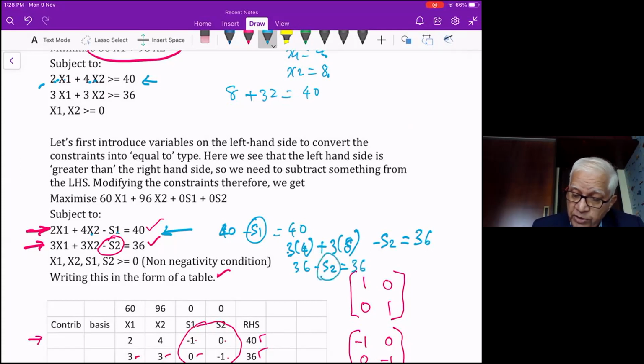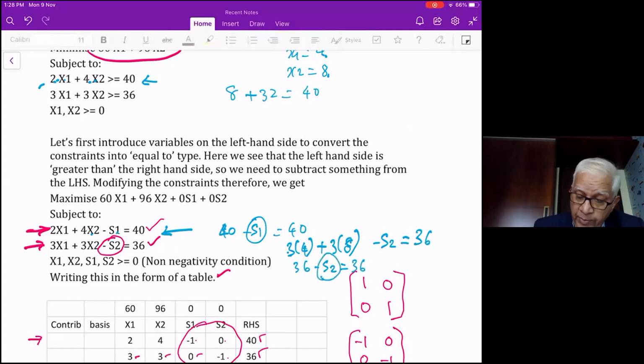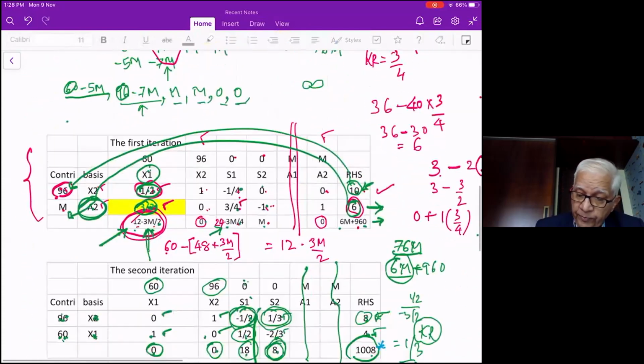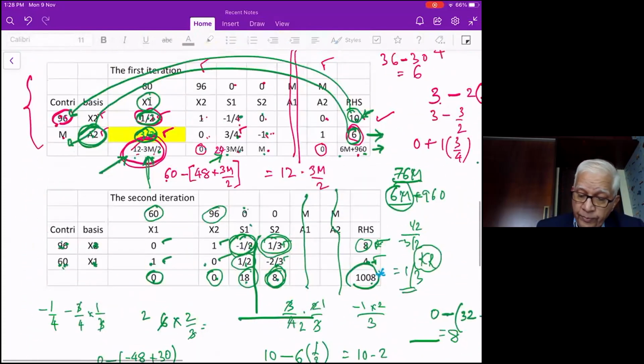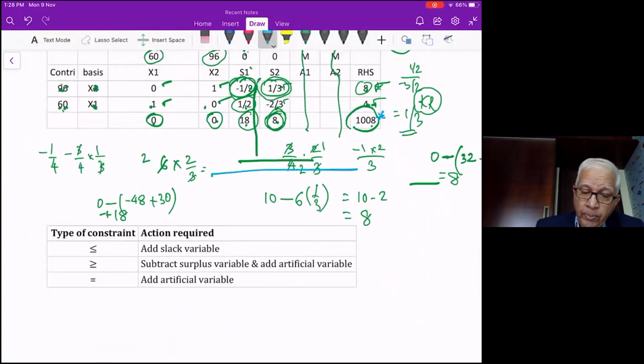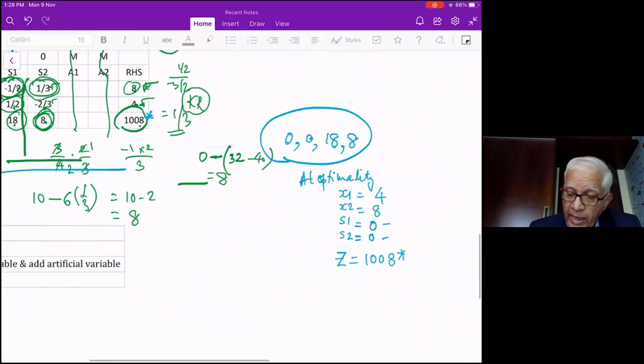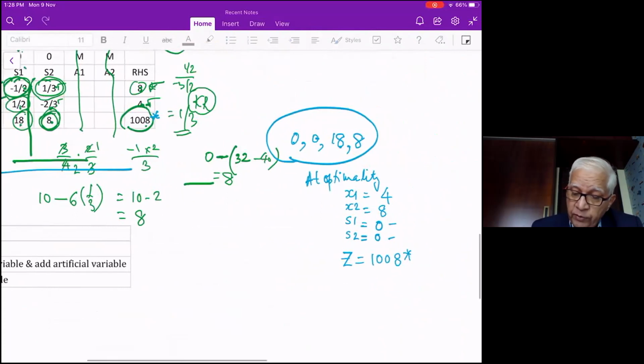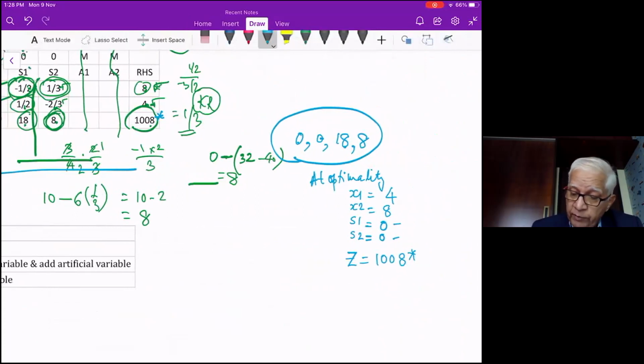Therefore S2 must be 0, and that is what we have got at optimality. See here, at optimality, I have got x1 is equal to 4, x2 is equal to 8, s1 is equal to 0, s2 is equal to 0, and zeta value is 1008.